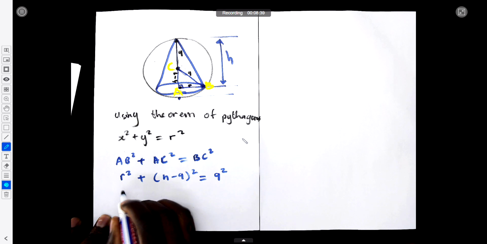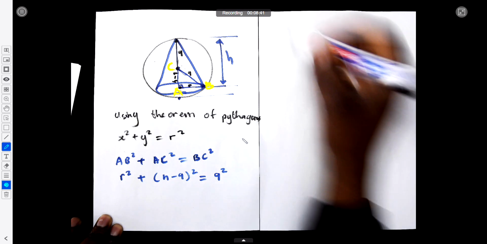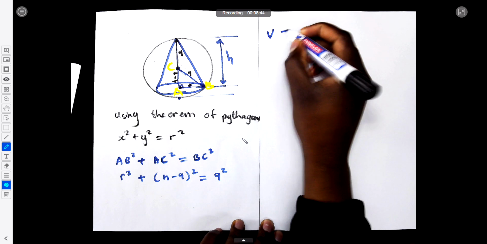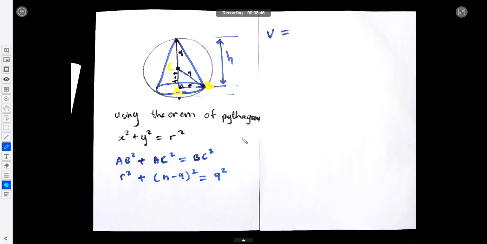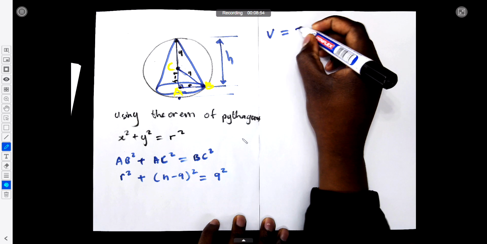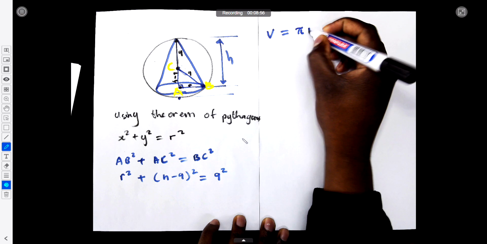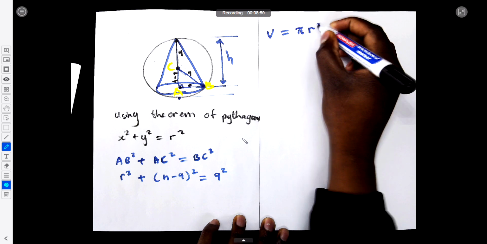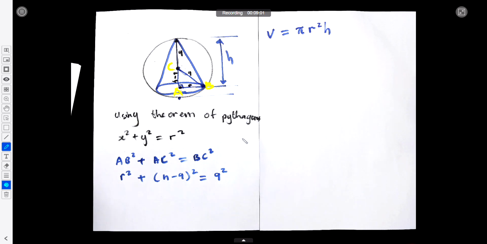But first of all, what is the formula for a cone? In the table of formulas that they gave, V equals pi r squared h.